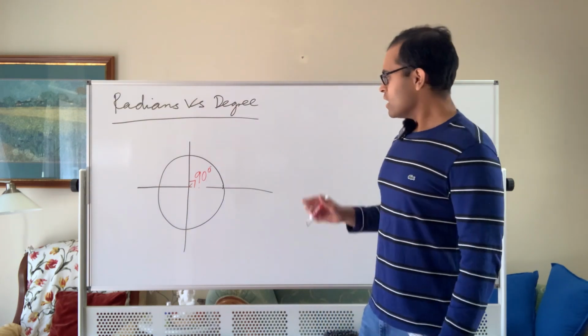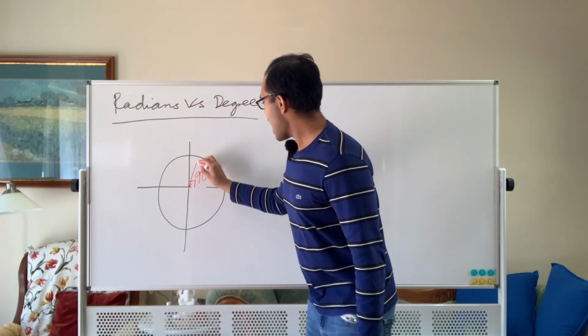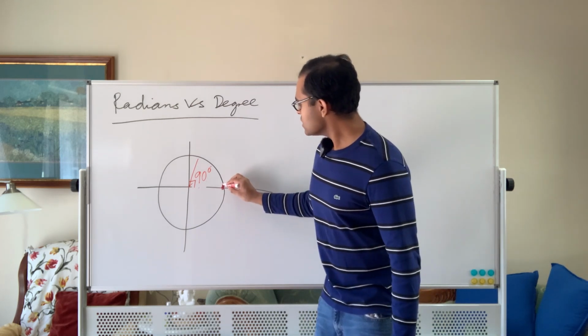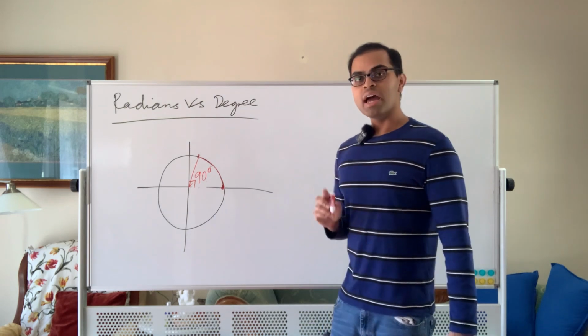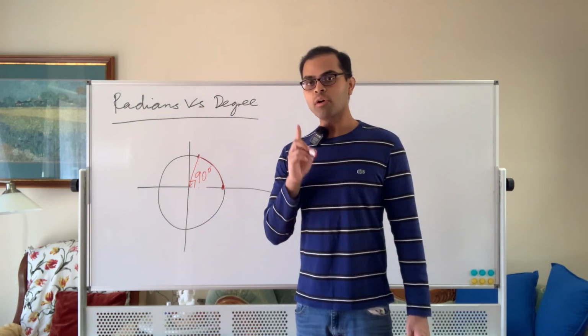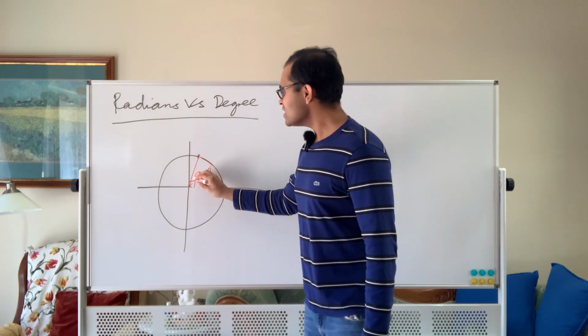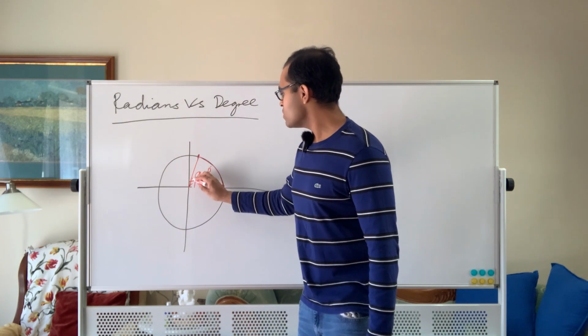The reason for that is, imagine that I draw a line, and imagine that you are an ant going from this point on the circle along the circumference all the way up to that point. That distance that you will travel will be a perfectly fine and natural measurement of how much space there is between these two lines, between this red line and the x-axis.